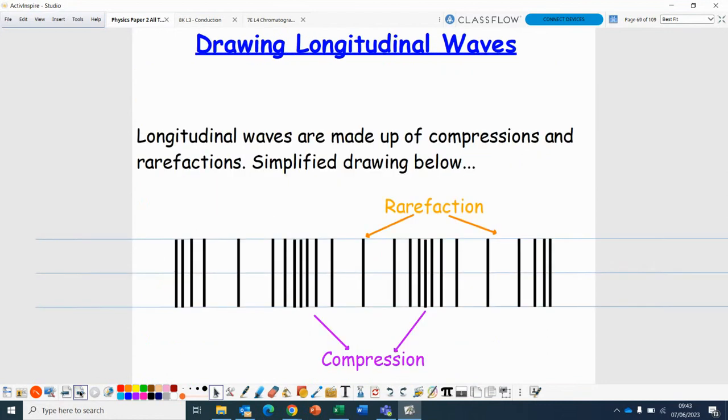You do need to be aware in a longitudinal wave that we call the squashed together bits compressions and the stretched out bits rarefactions. If you wanted a wavelength from a longitudinal wave, you'd just measure from the middle of a compression to the middle of the next compression, or the middle of a rarefaction to the middle of the next rarefaction. Okay?